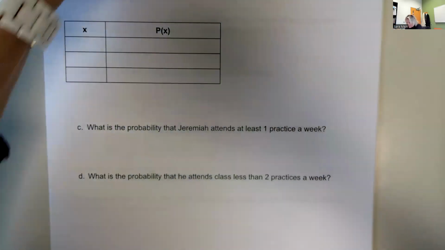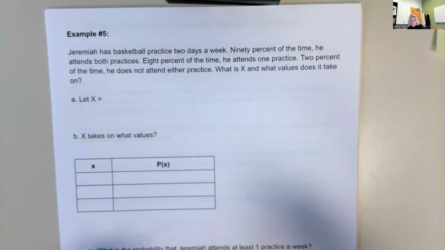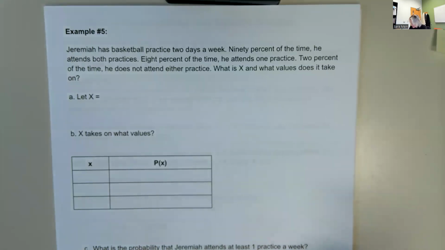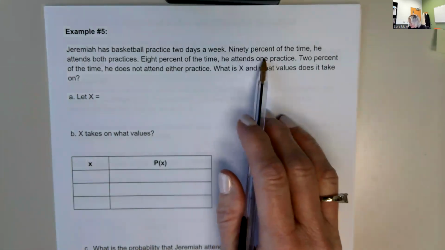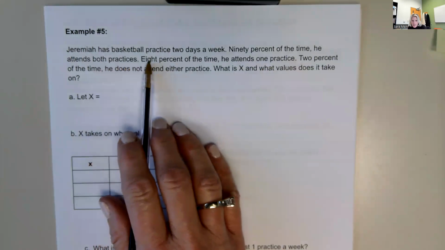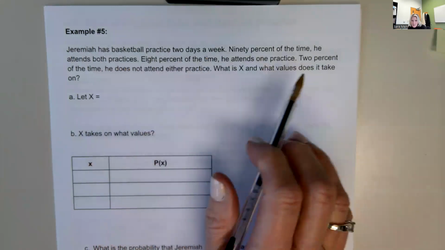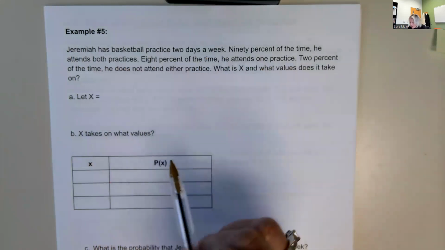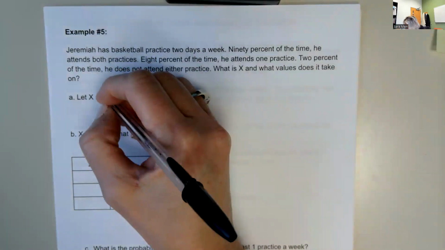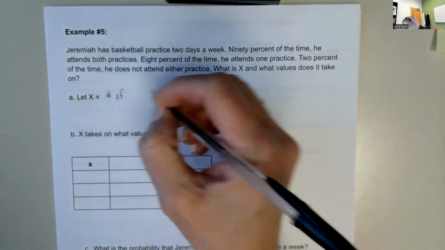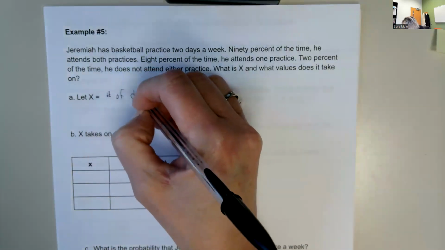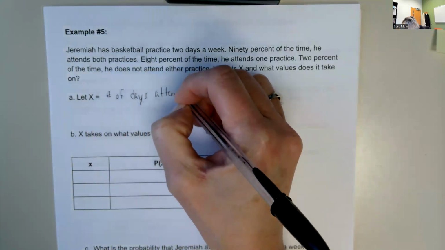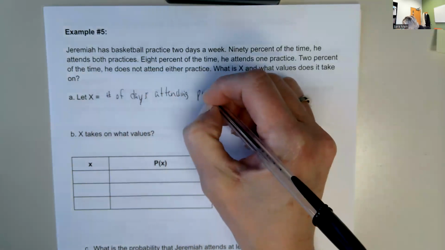Okay. Let's look at example 5. Example 5 says, Jeremiah has basketball practice 2 days a week. 90% of the time he attends both practices. 8% of the time he attends one practice, and 2% of the time he does not attend either practice. What is x and what values does it take on? So x is number of days attending practice.